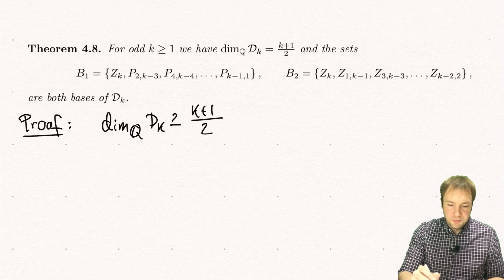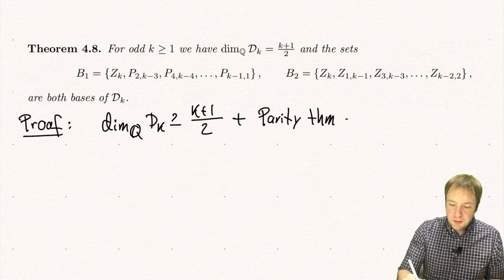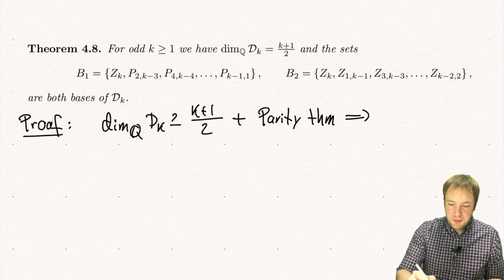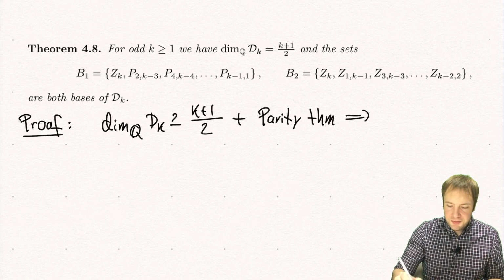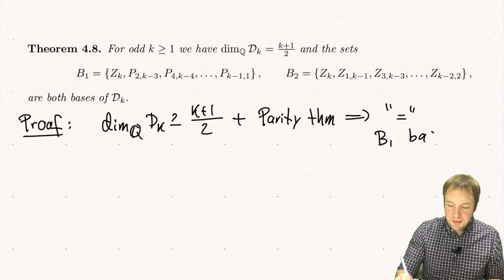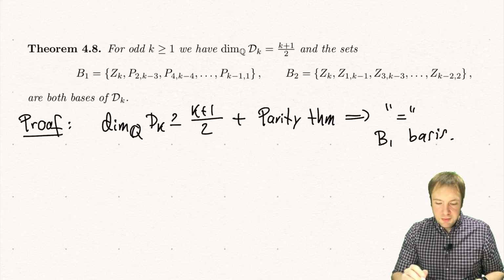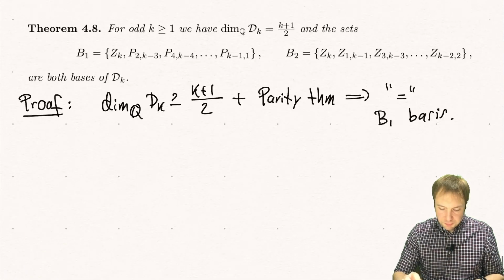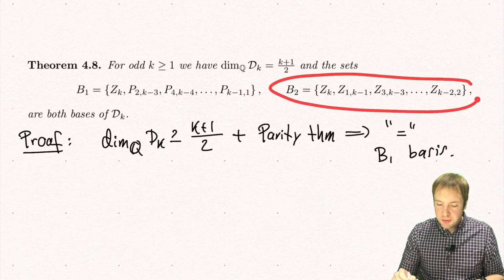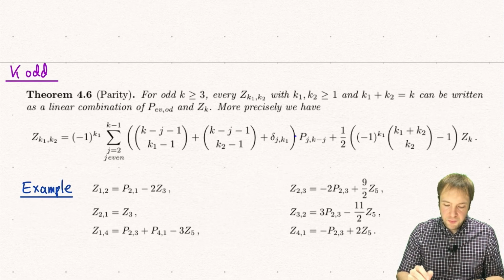So this plus the parity theorem gives an equality for the dimension, and also that this set B1 is a basis. But now we want to show that also this is a basis, but this also follows from parity.